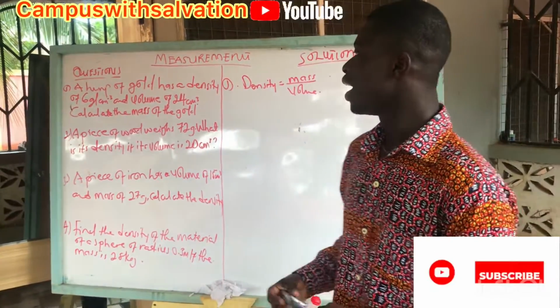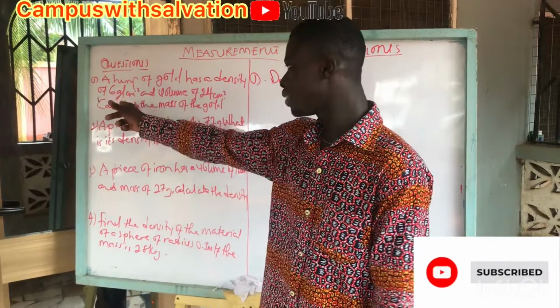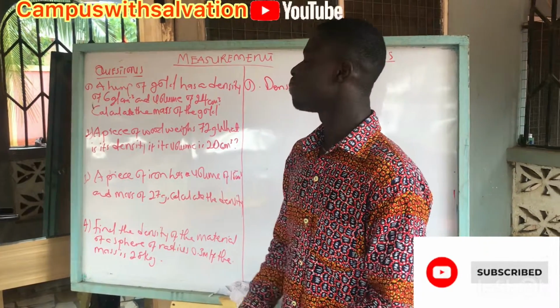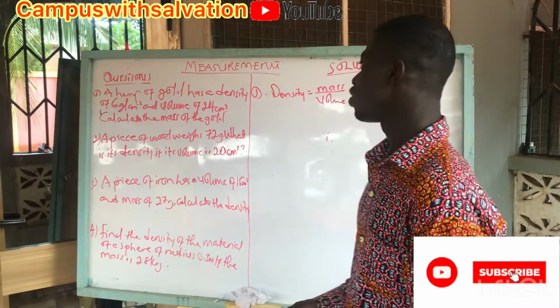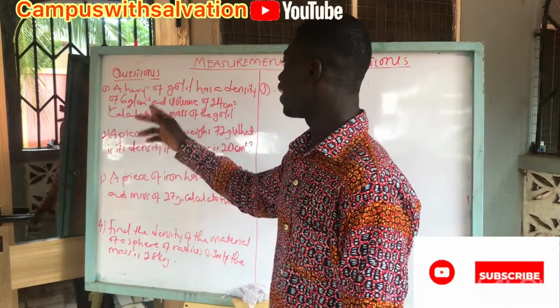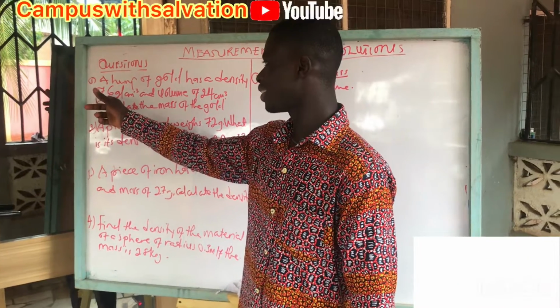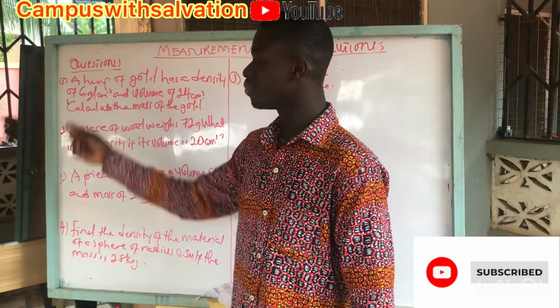Anytime we see a unit with grams per cm cube, it tells you that this figure is density. So you can figure out the type of quantity a figure has by its SI units.